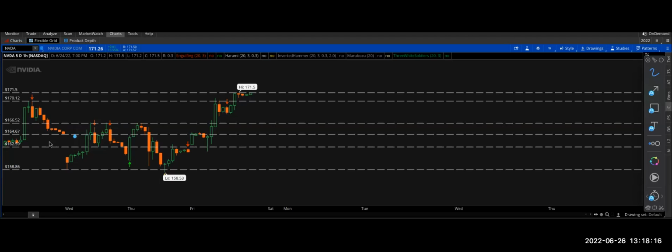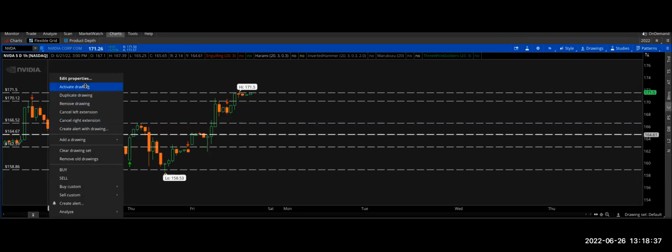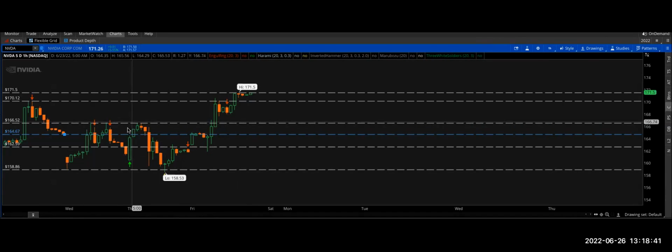You could be buying the 160 call and selling the 164, a debit call spread. You would have made a lot of money there doing a call spread. That's why you can use the price level tool to give you entry and exit positions.